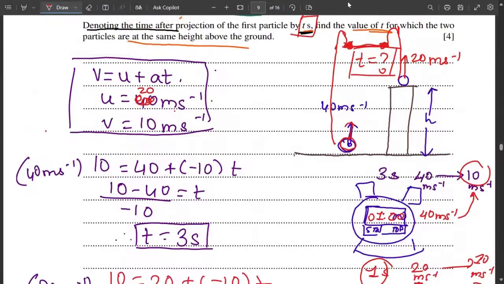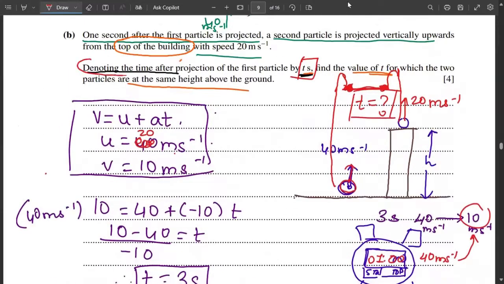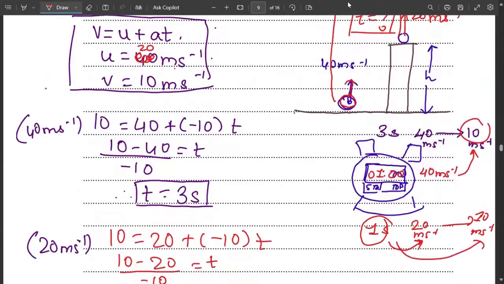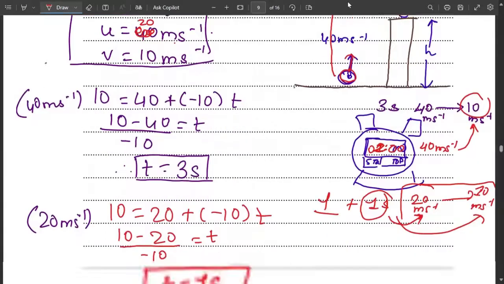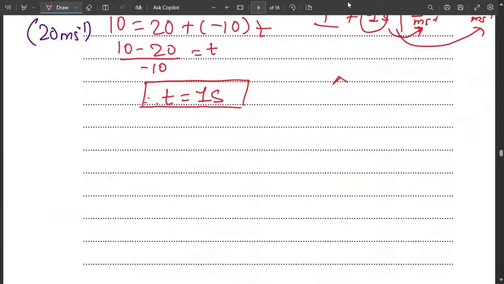Because here we denote the time after projection of the first particle by t, and they have told that the second particle is projected vertically upwards 1 second after the first particle. So whatever effect this has will occur 1 second later. That means when the stopwatch shows 2, at that time the speed will be 10. Let me denote that in a graph for you.